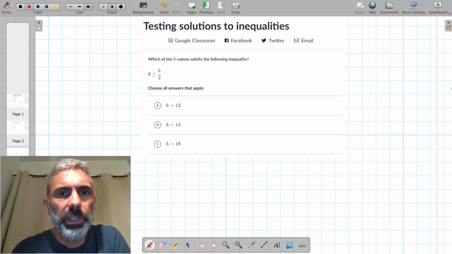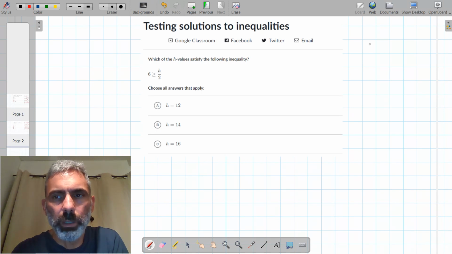Okay, which of the h values satisfy the following inequality? 6 is greater than or equal to h divided by 2. So option A, we need to plug in 12 instead of h.